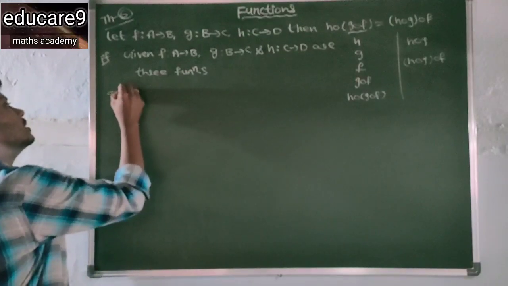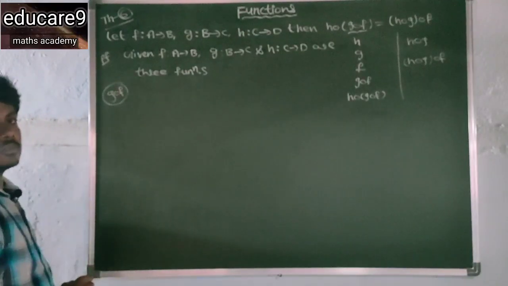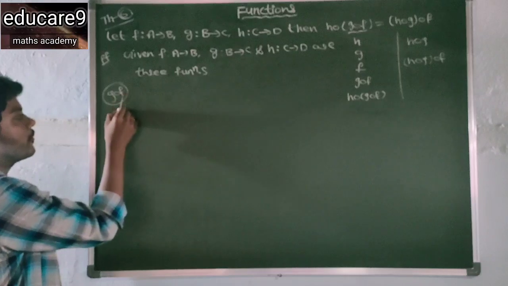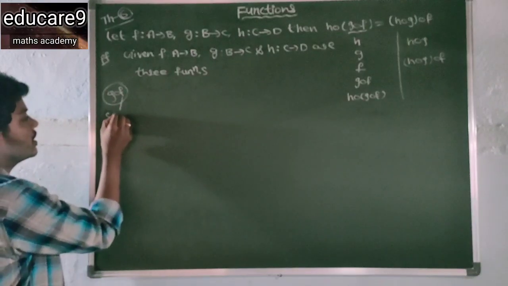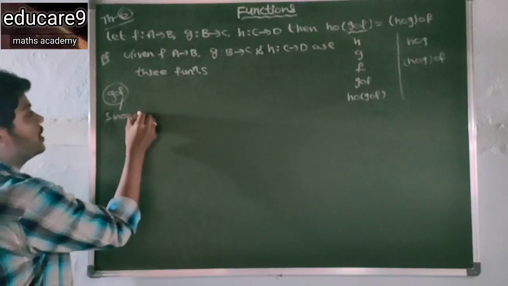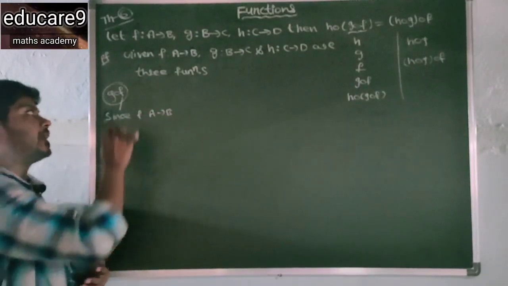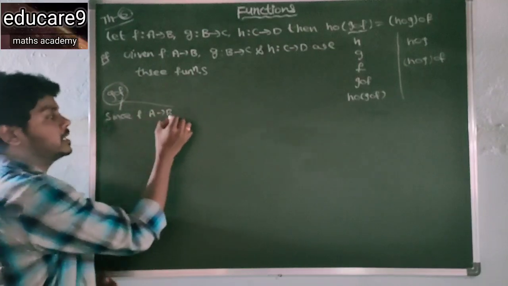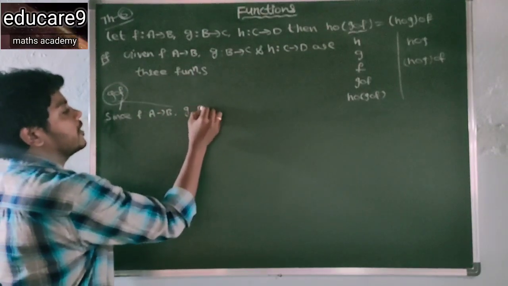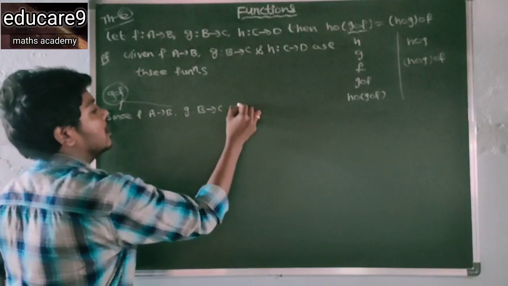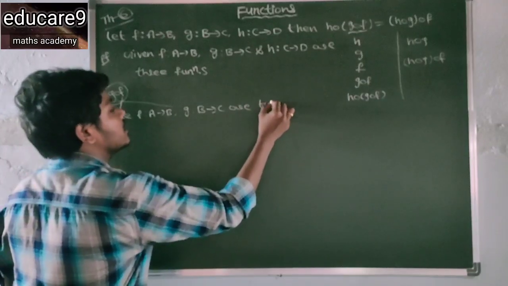First write F mapping, since F from A to B, and write the first mapping, that is G. So G from B to C are functions.